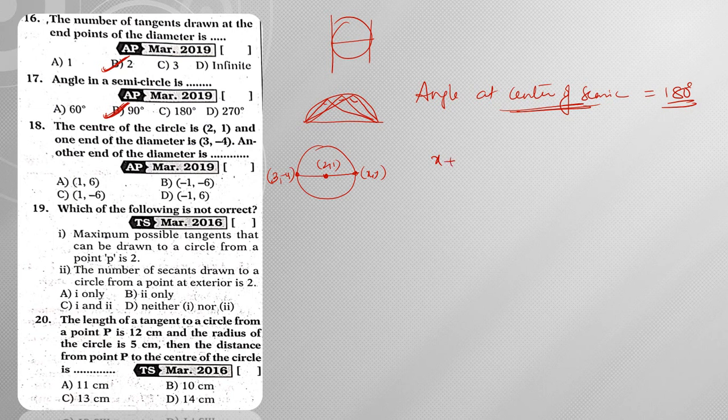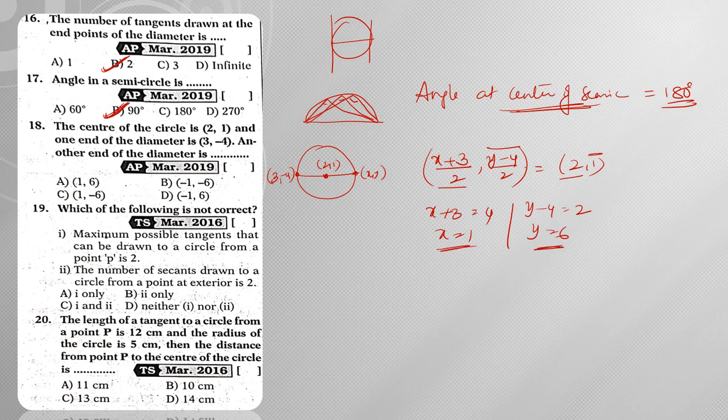By using the midpoint formula, ((x+3)/2, (y-4)/2) will be equal to (2, 1), right? Now on comparison, I'm comparing x coordinate with x coordinate and y coordinate with y coordinate. Then x plus 3 is equal to 4, x is equal to 1. Next, y minus 4 is equal to 2, y is equal to 6. Hence the other coordinates are (1, 6). Hence A is my answer here.